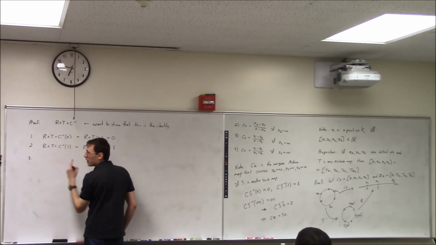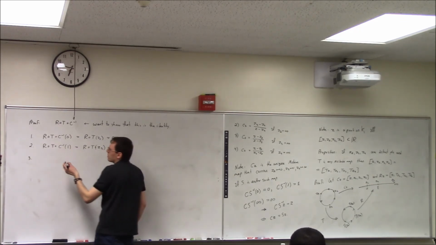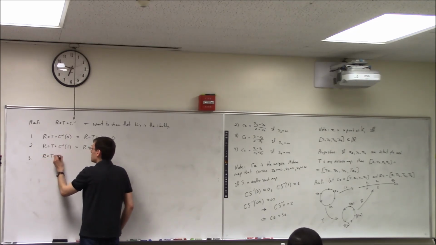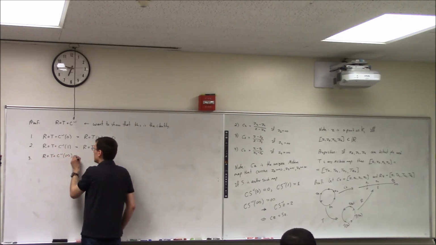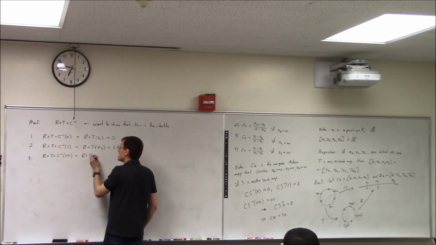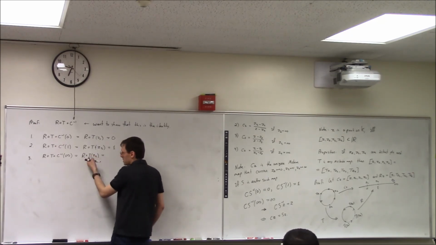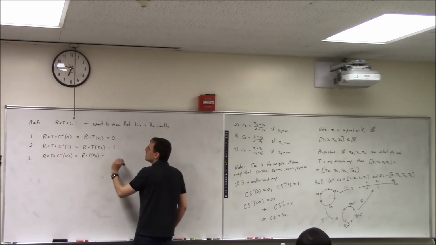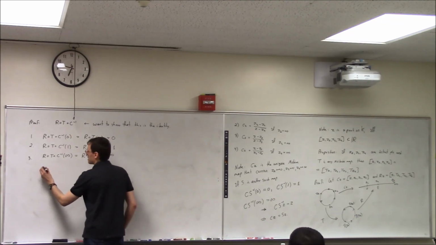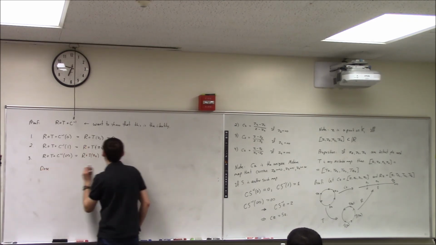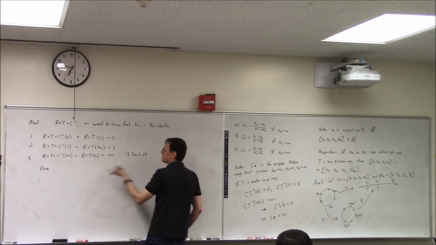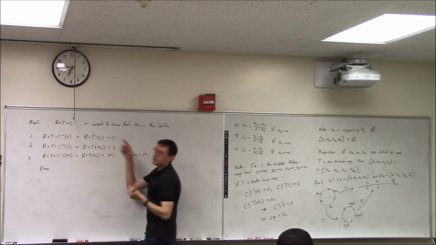Lastly, R composed T composed C inverse of infinity is R composed T of Z4, which R maps T of Z4 to infinity. So we have 3 fixed points, so everything is done. It's the identity.